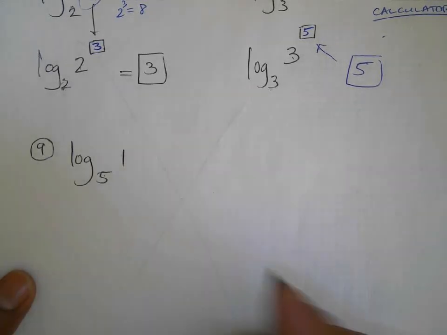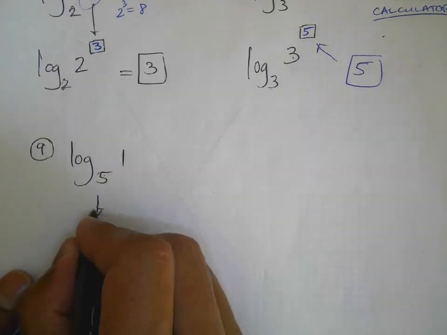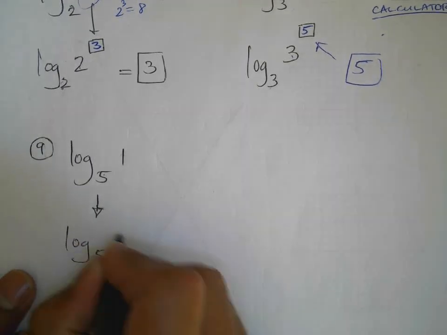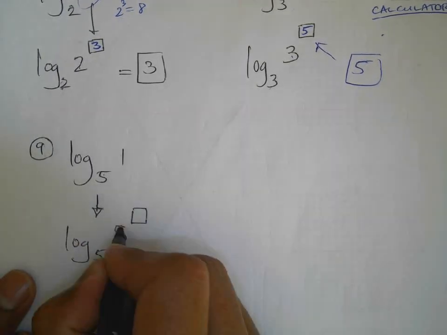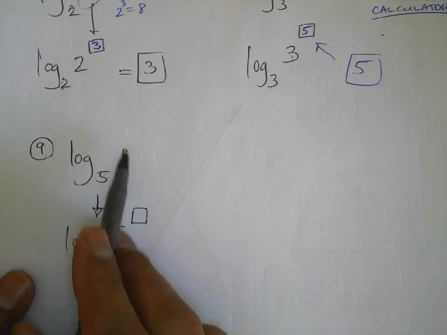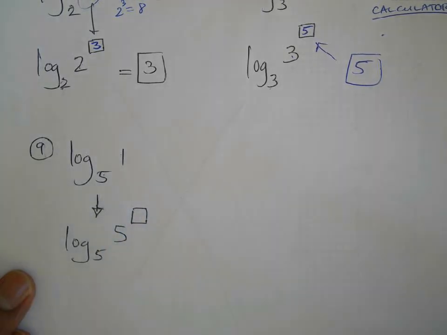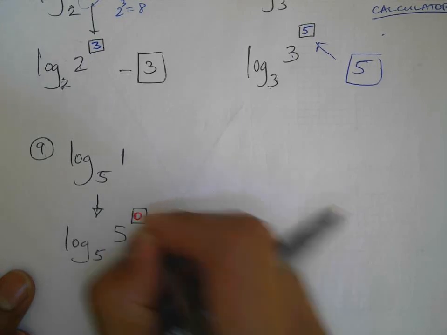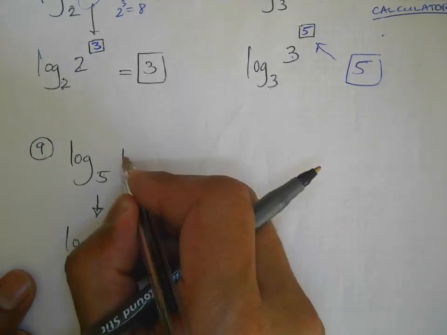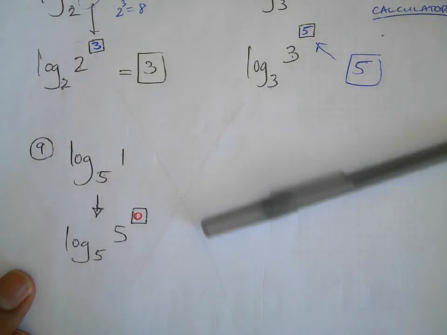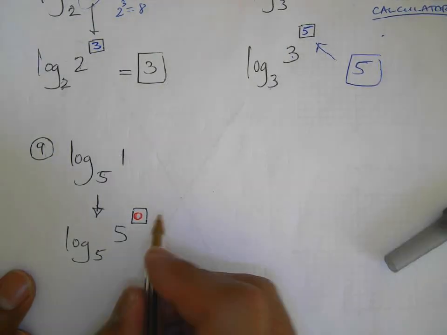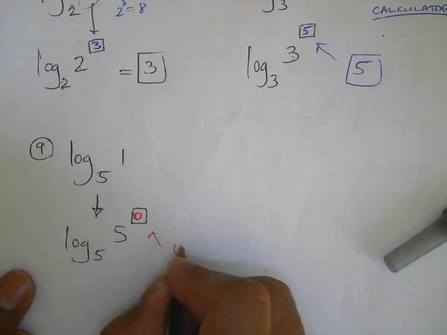Remember, we want this to be a 5, so it has to be log base 5 of 5. What power will give me 1? 5 to the power of 1 is 5. 5 to the power of 2 is 25. It can't be a 1. Well, remember, anything to the power of 0. 5 to the power of 0 is 1. So remember that. That's a special case right here. So here the answer is 0.